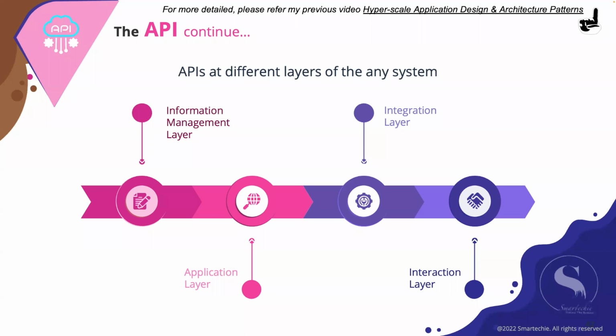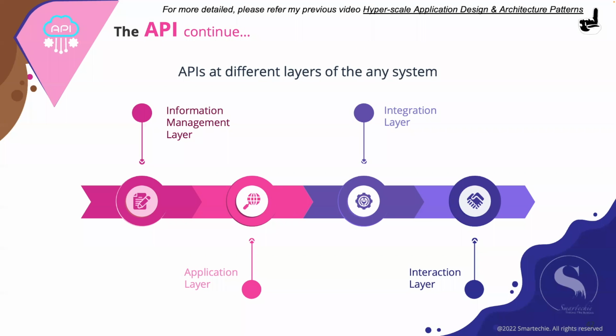The other layer would be the integration layer, right? There are multiple pieces of the whole system design, and if you want to integrate all these components, there has to be some medium of communication where they can interact with each other. That's what's called the integration layer. The API is the only way to deal with those kinds of systems, interacting or handshaking, right?